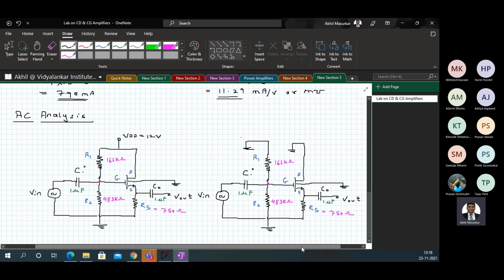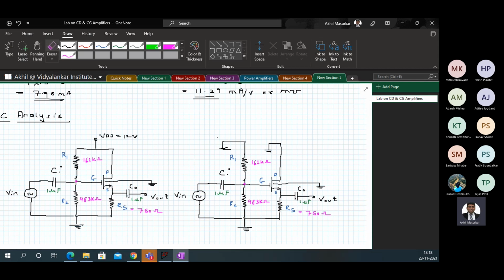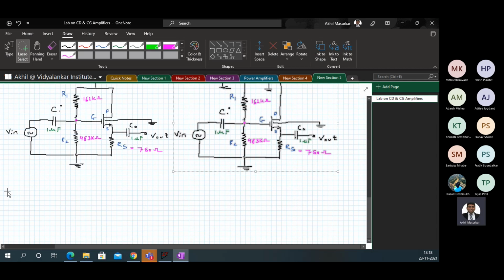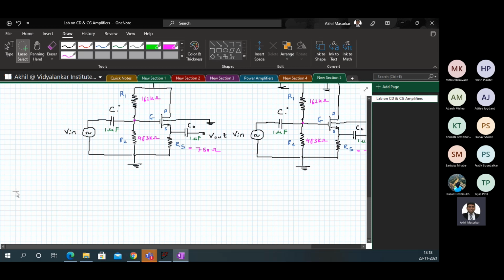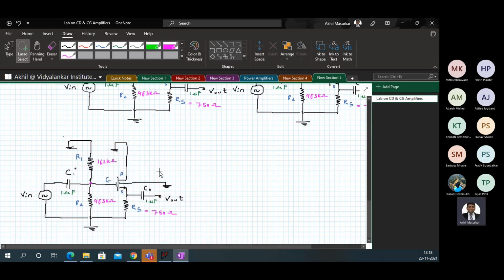And as you know, the capacitors will offer very low resistance paths to the AC signal, so here we will show Ci and C0 as short.